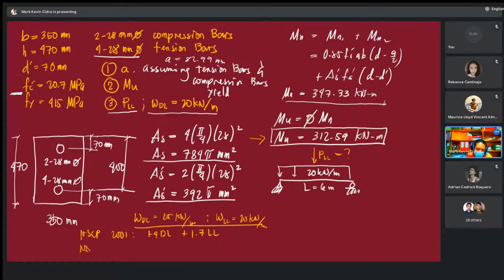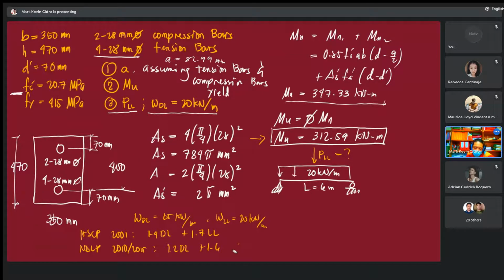For NSCP 2010 and 2015, that is 1.2 dead load plus 1.6 live load. Did you get it? We increased the loads there. So your ultimate moment is computed from the factored load, so that you can compare it with your moment.